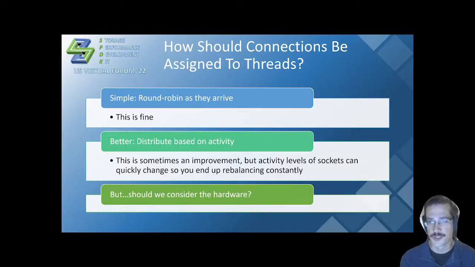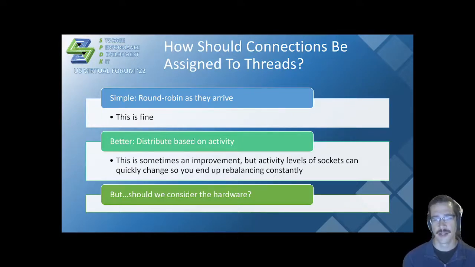But of course, the activity level of the sockets changes over time. And so simple round robin may result in some of the connections being very active and some idle. And so you could end up with all of the active ones on one core, and you're not processing things effectively. So some people may think, oh, we could distribute based on activity, which a lot of things try to do.